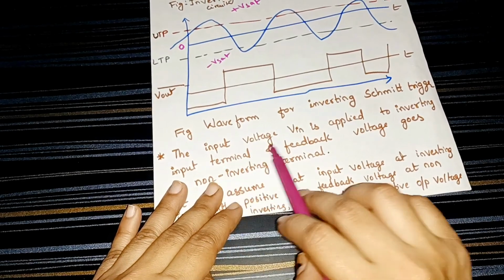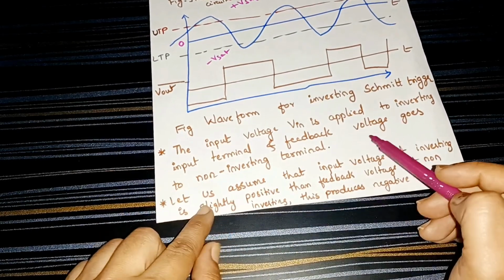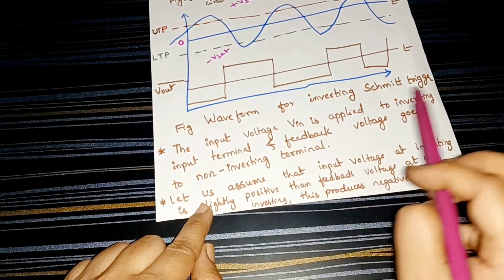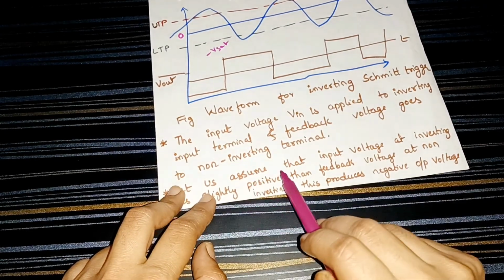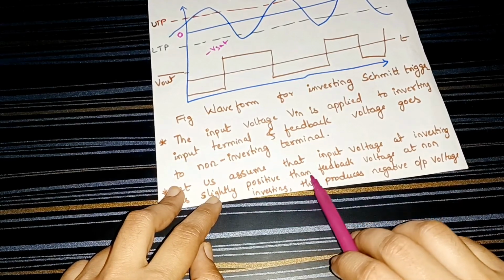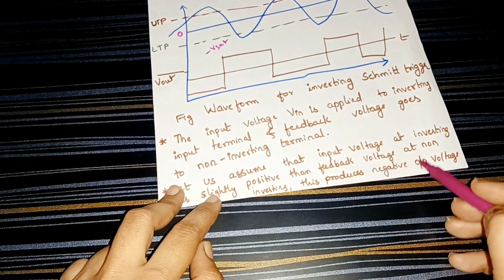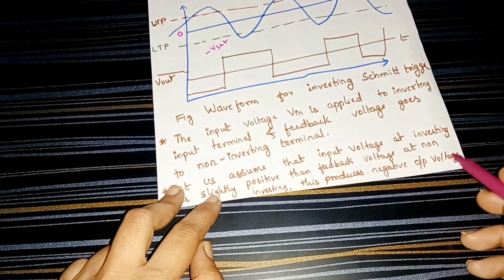Here the input voltage Vin is applied to the inverting terminal and the feedback voltage is given to the non-inverting terminal. Let us assume the input voltage at the inverting terminal is slightly more positive than the feedback voltage at the non-inverting terminal. This will provide a negative output voltage.